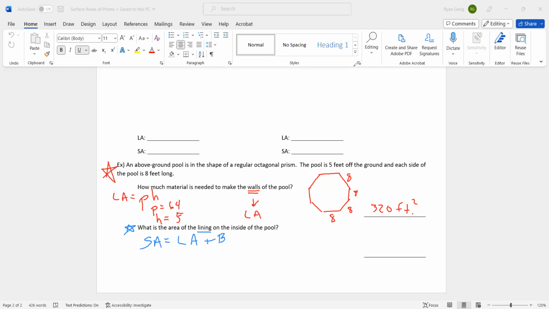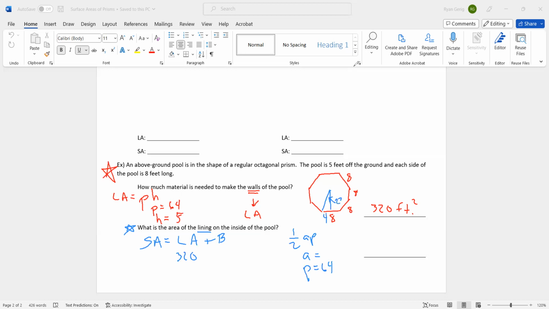All right. So the lateral area we already found, that was 320. And now I just have to go find the area of one base. Kind of already have it drawn here. Again, we're doing the 1/2 AP. It's a regular octagon. I've got the perimeter already. It's 64. One side is 8, so half a side is 4. Now that side is no longer a 30, 60, 90.